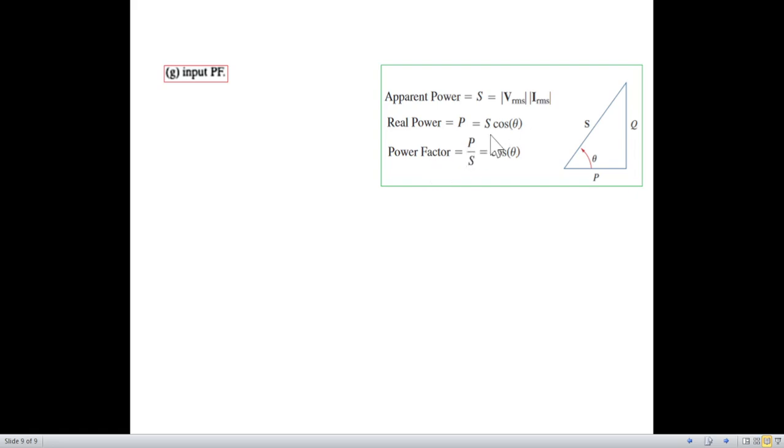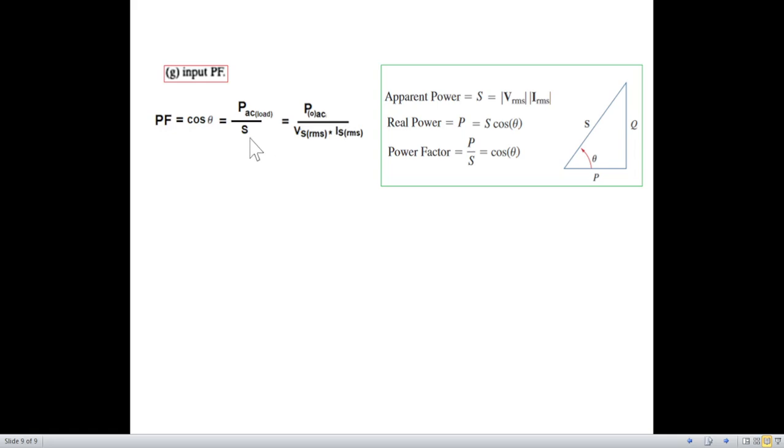And from here, cosine theta is power factor, so power factor will be P over S, where S or the apparent power is V RMS into I RMS. We'll use that. So in our case, it will be PAC over S. PAC we know how to calculate, and S is VS RMS into IS RMS.